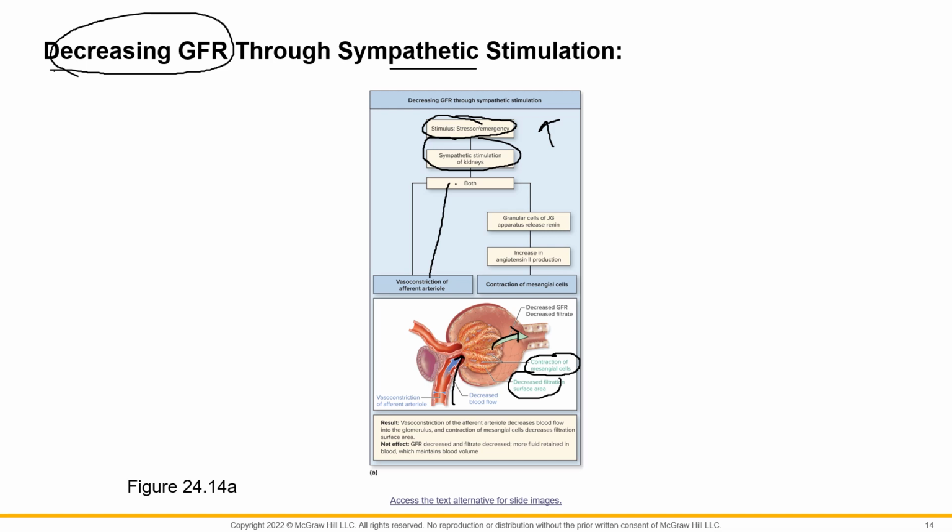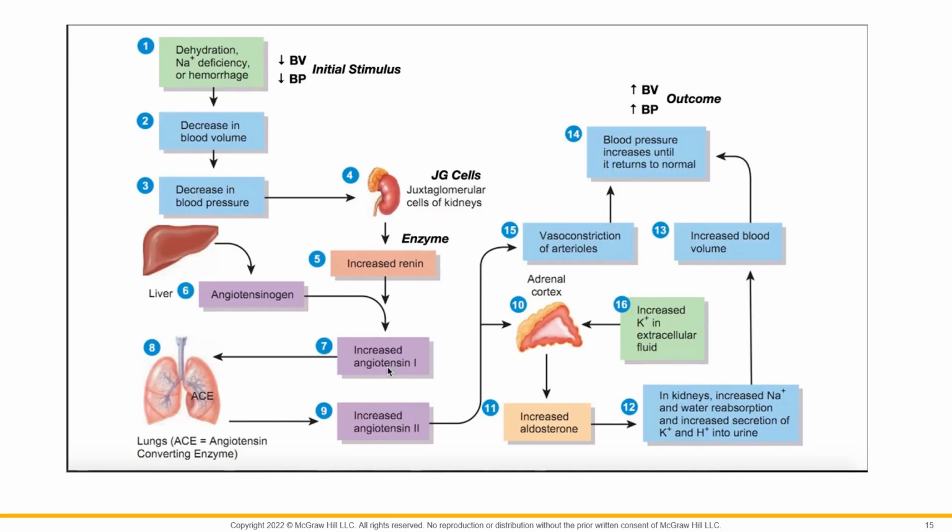The other pathway is where cells of the juxtaglomerular apparatus release a hormone called renin. And renin is going to then produce, via a pathway, something called angiotensin. So let's look at what that is.